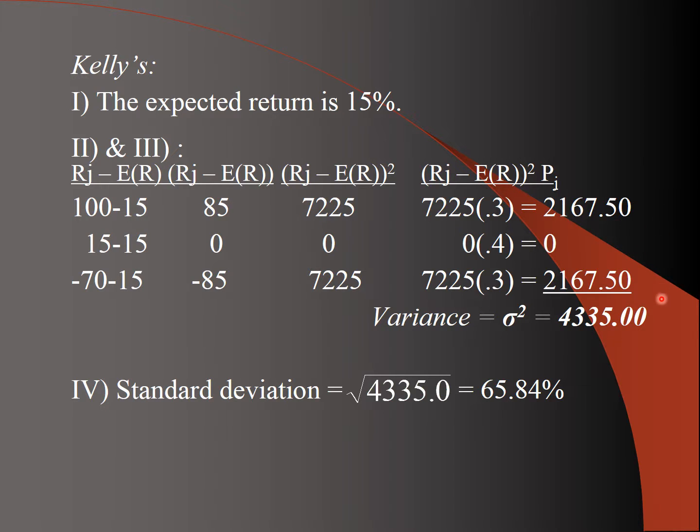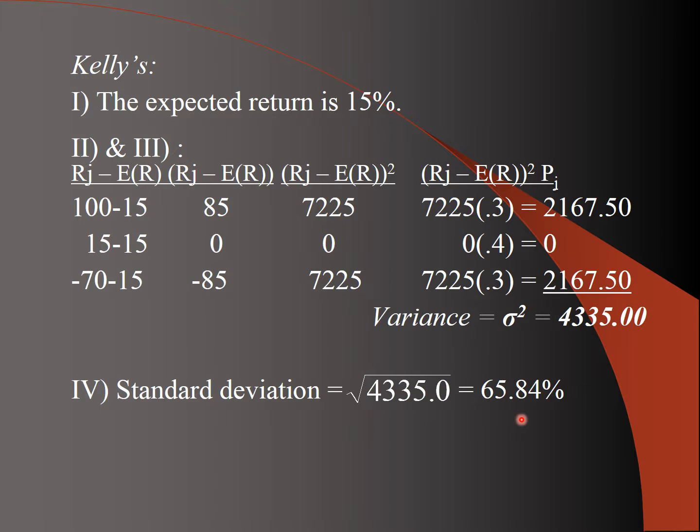Now I can sum these numbers up and get the variance. And then I just have to take the square root of the variance to get the standard deviation. And I have a standard deviation of 65.84%. And that is very large, okay? And you'll see that once we compare it to U.S. Telephone.